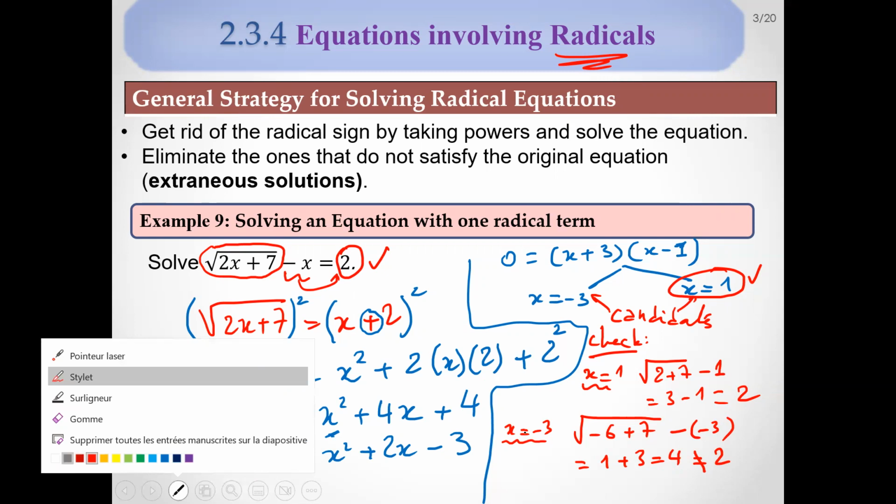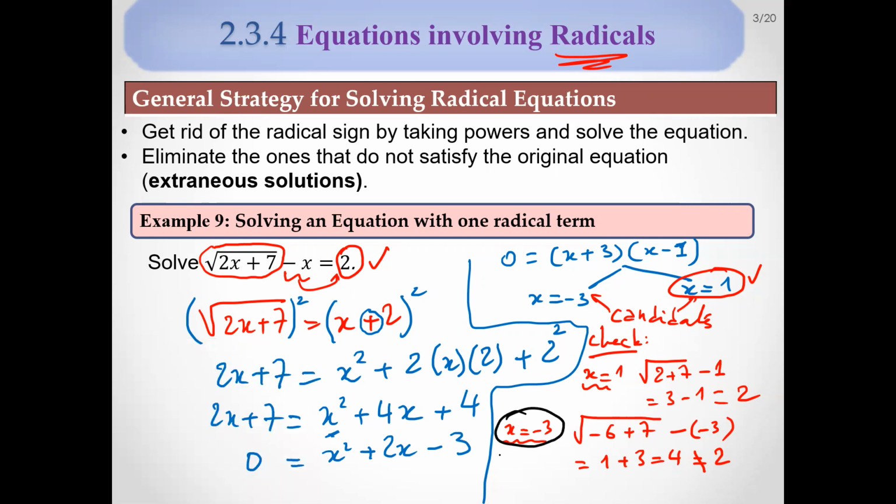So the conclusion is that x equals minus 3 is an extraneous solution. So this is not validated. We have only one solution here, S equals {1}.